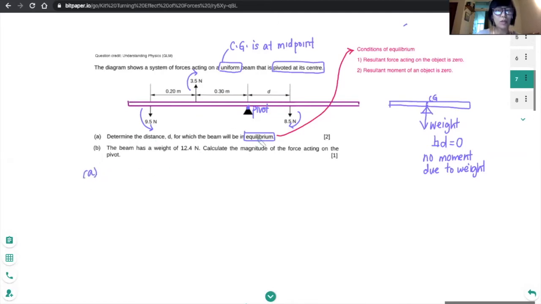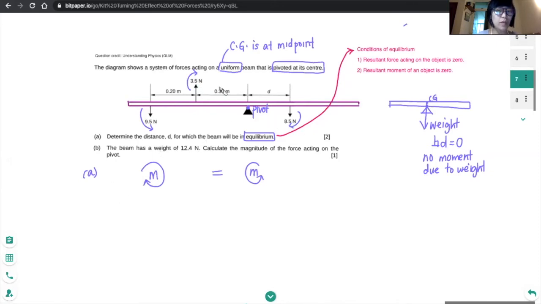Using the idea that the resultant moment is 0, which is the principle of moments, the sum of clockwise moments is equal to the sum of anticlockwise moments. For the clockwise moment, we have 3.5 Newton producing that, as well as 8.5 Newton. So let's put it in.